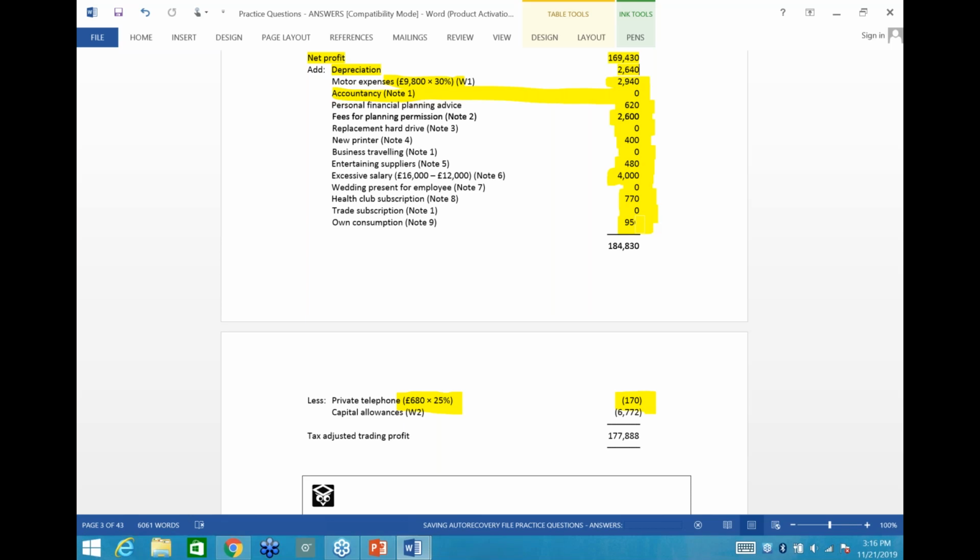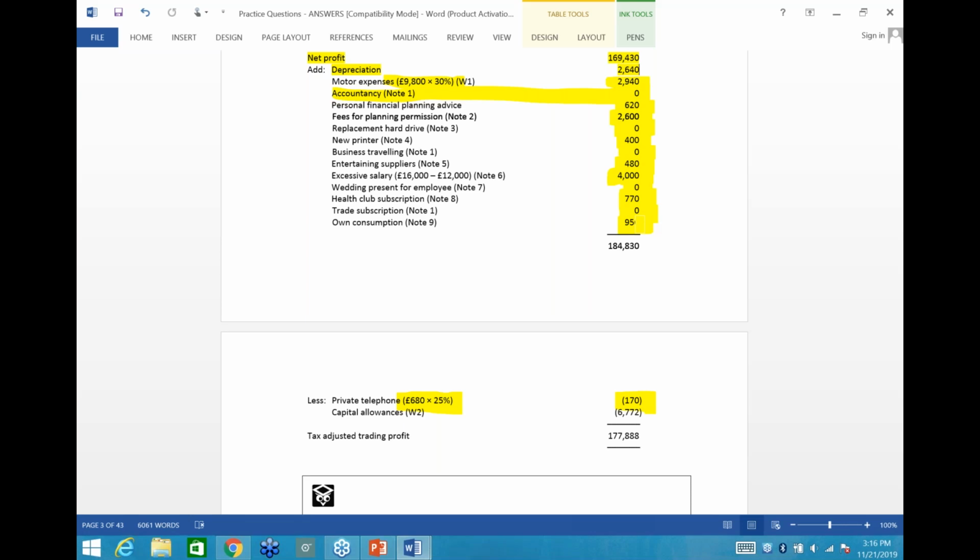There are different ways that you can claim capital allowances. There are different approaches you can take. It depends on the nature of the plant and machinery. So there is something called annual investment allowance. There is something called first year allowance.